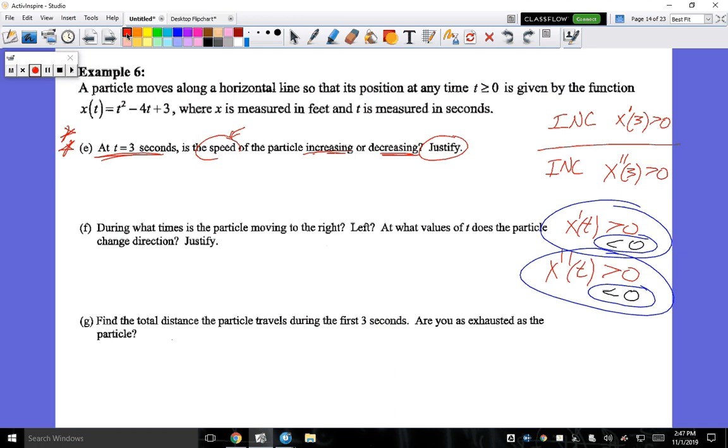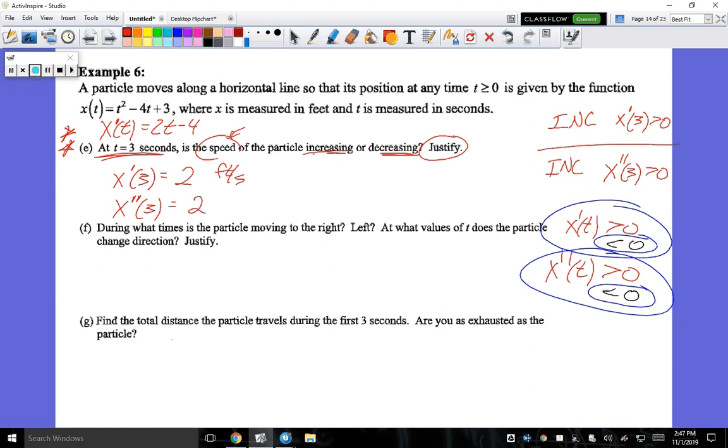So at t is 3, we first have to find the velocity at 3, and we also have to find the acceleration at 3. Guys, what's the velocity? Because we had x prime of t was 2t minus 4. What did we say x prime of 3 is? 2 feet per second. But the fact that it's positive is what we're really caring about. The acceleration is what?